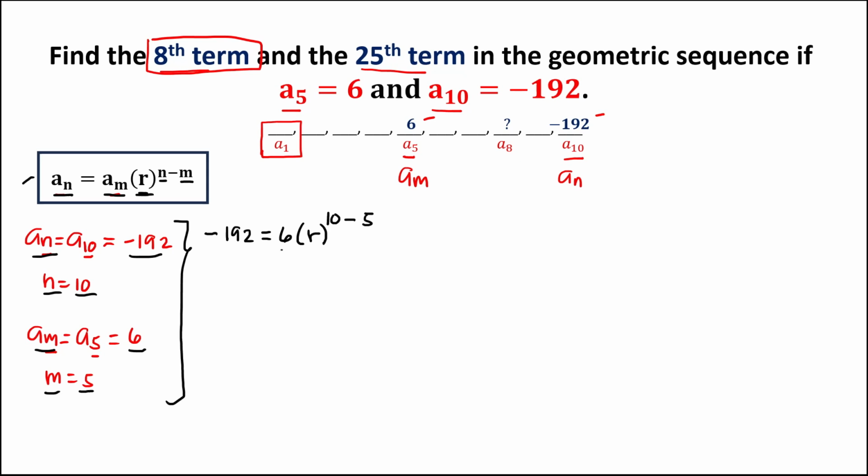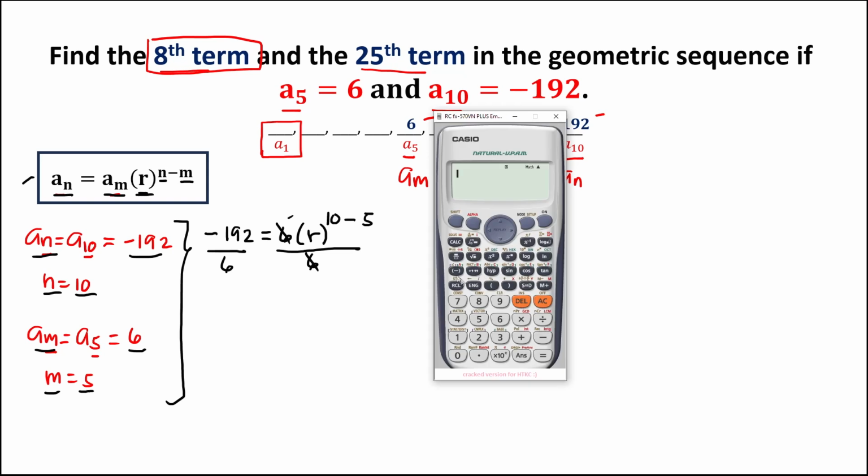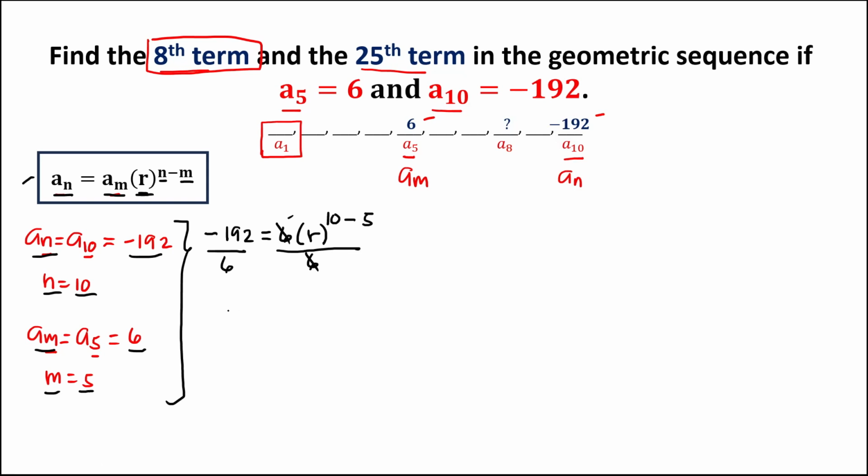Then to simplify, divide both sides by positive 6, then cancel. Negative 192 divided by 6 is equal to negative 32. So negative 32 equals r to the power 10 minus 5.